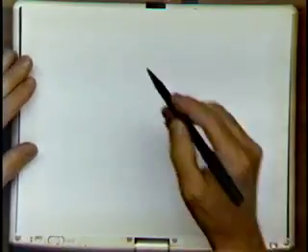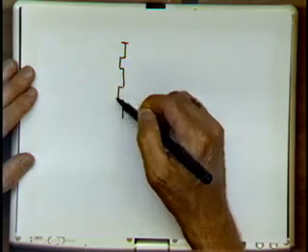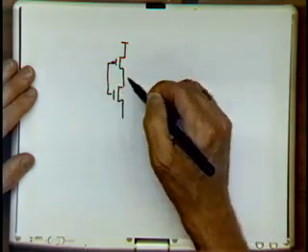Let's talk about short circuit currents. Turns out that, as I mentioned, short circuit current, let me use the overhead camera. Okay, suppose I have an inverter here.